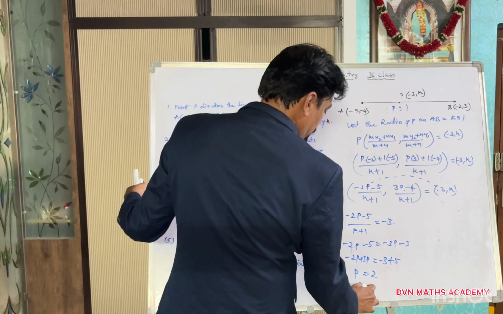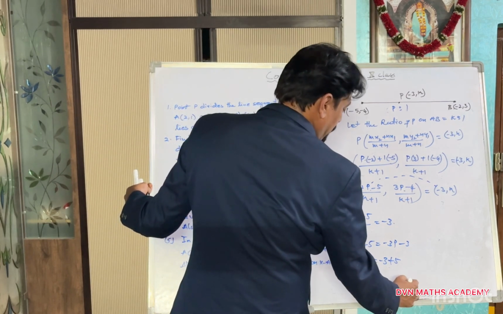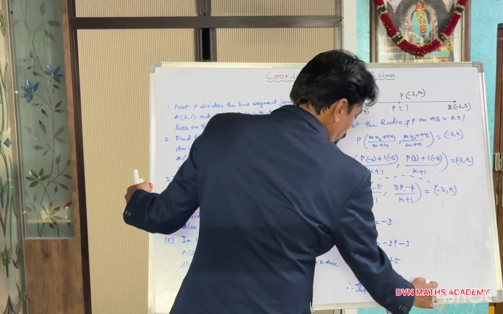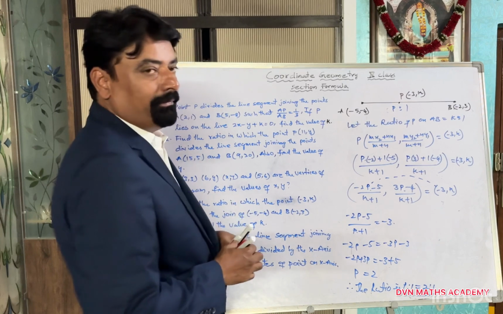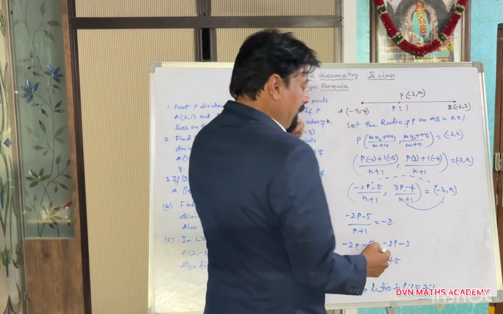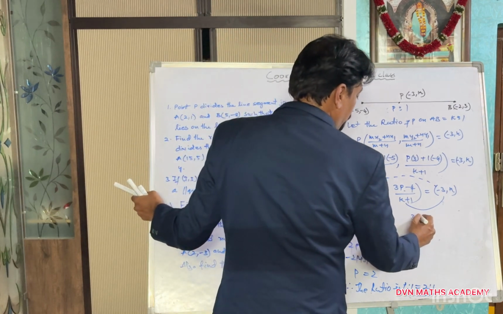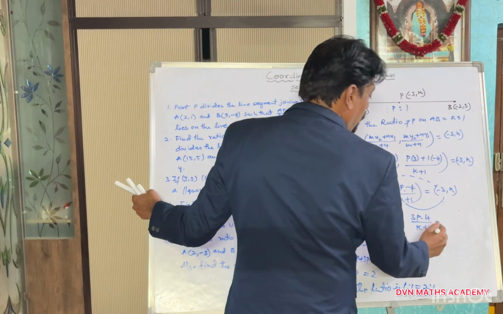Therefore the ratio we assumed, p is to 1, is equal to 2 is to 1. I got the ratio. Now I want to find the value of k. If you compare the y coordinates, you will get the value of k. That is (3p minus 4) by (p plus 1) is equal to k.